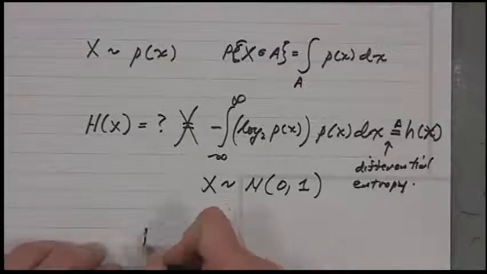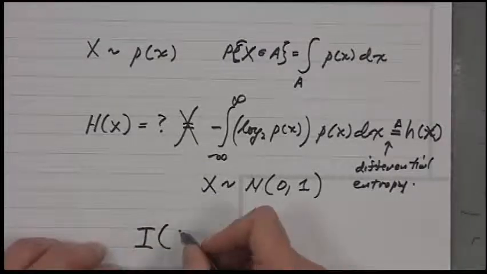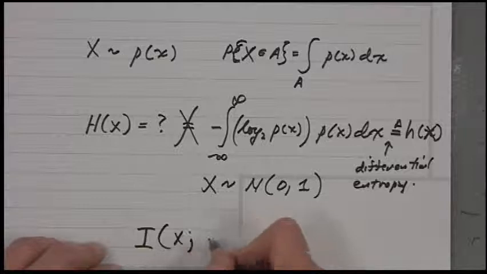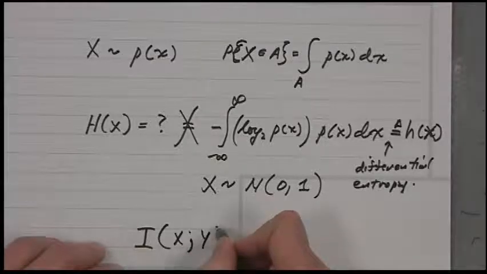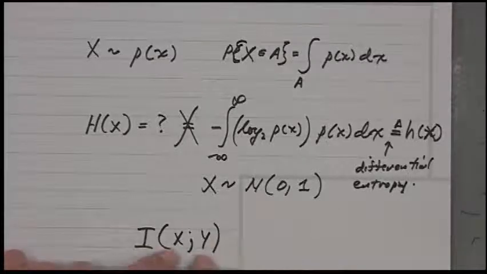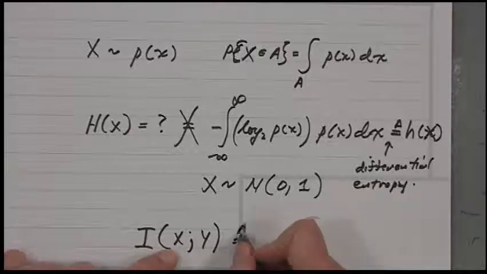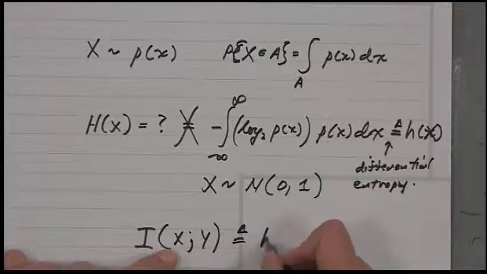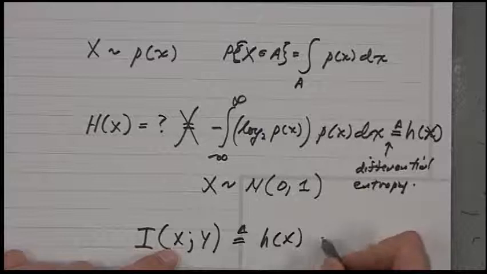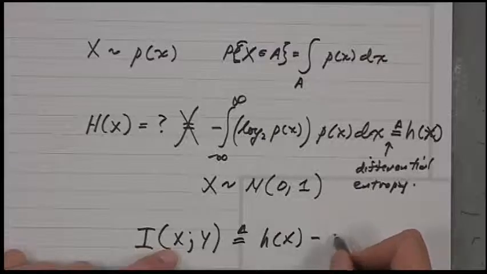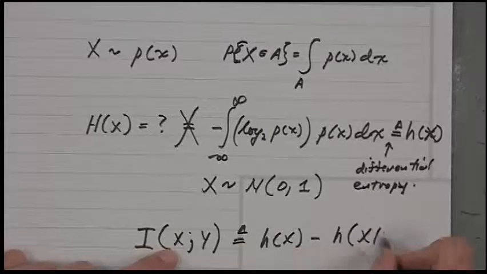But one thing that is interesting is that you can still say that if you have two continuously valued random variables x and y, so now let's assume these are not discrete, the mutual information is still defined as the differential entropy minus the conditional differential entropy.